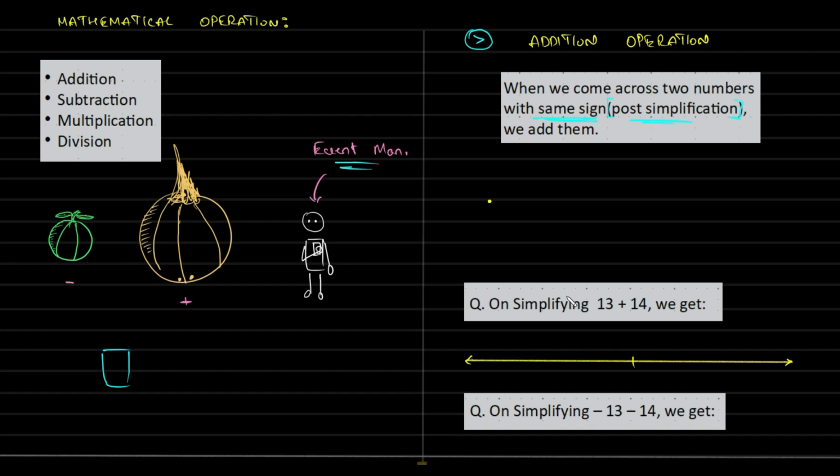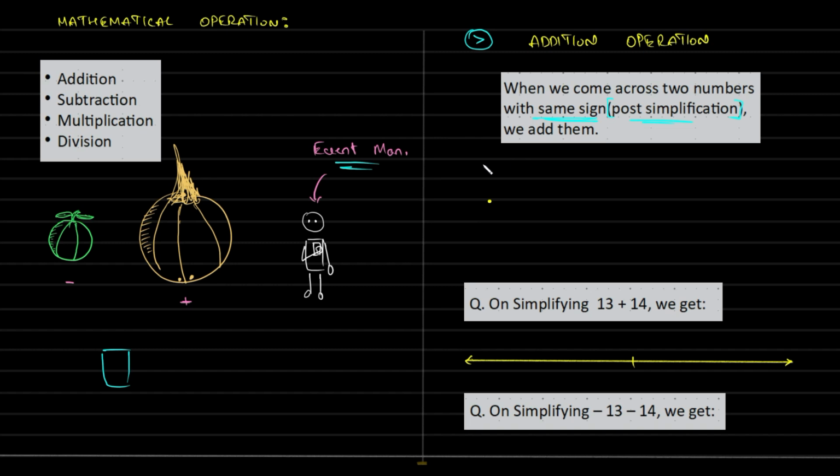We'll try to make sense of this with the event manager's help and also with the number line, so that you understand why it is addition and why the definition of the same sign is important.